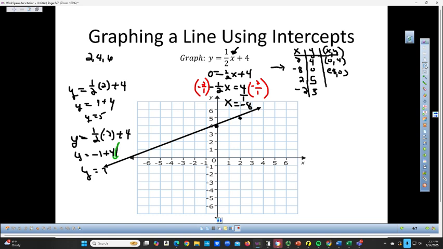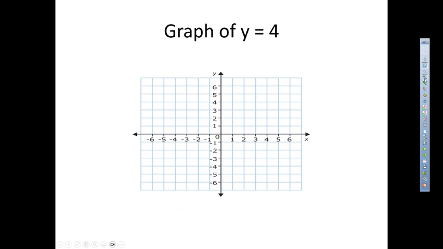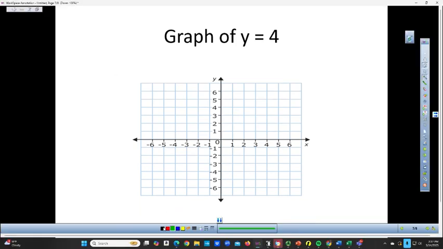Okay, so if we had to graph y equals 4, nothing changes as far as we are still going to create our table. We're still going to say x and y, get our ordered pair. But because this line is a horizontal line, my y value is going to be 4.